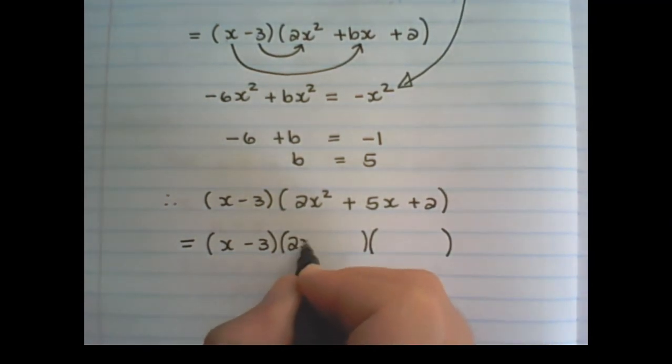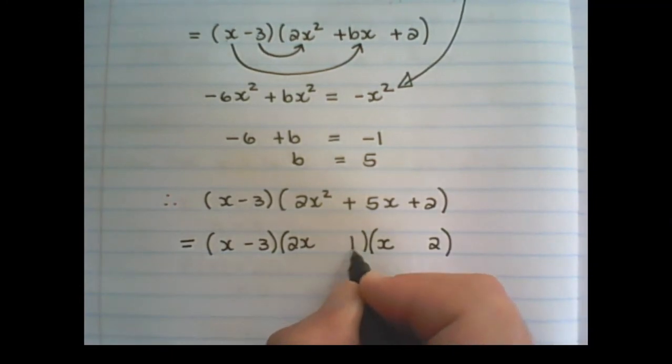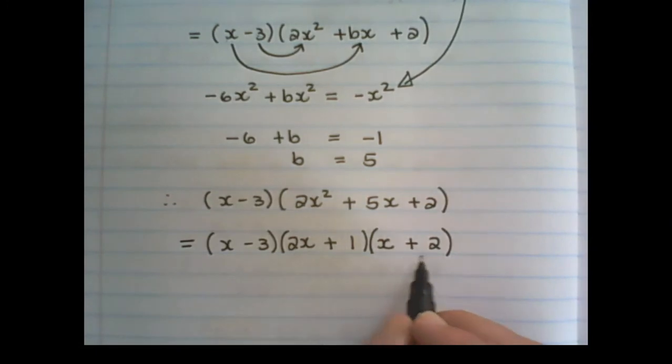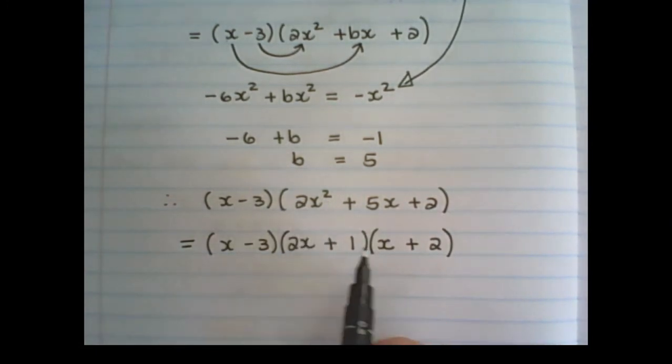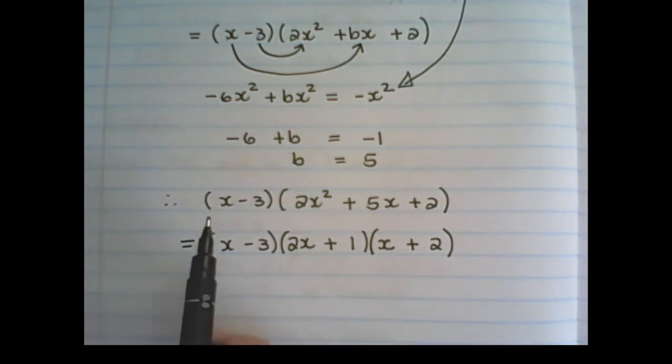So 2x times x and 2 times 1, plus and plus. So if I multiply these two brackets out, I will get 2x squared plus 2 and plus 5x in the middle. And this is my final factorization of the original expression.